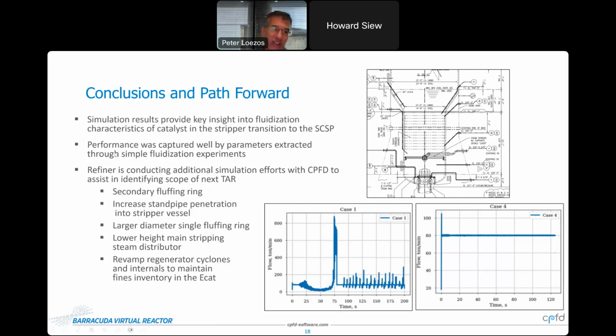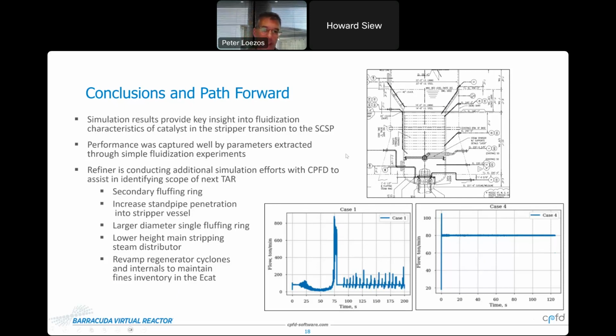So they're looking at several different redesign options for the stripper. The first is a secondary fluffing ring. They're also looking at increasing the standpipe penetration into the stripper vessel, so the idea here is to potentially draw from a better fluidized zone.